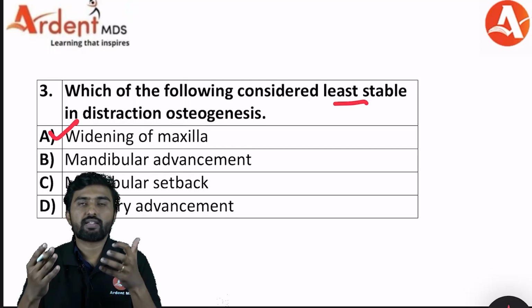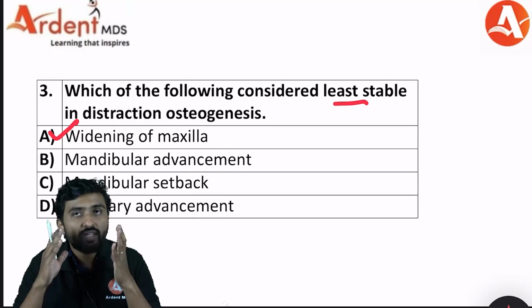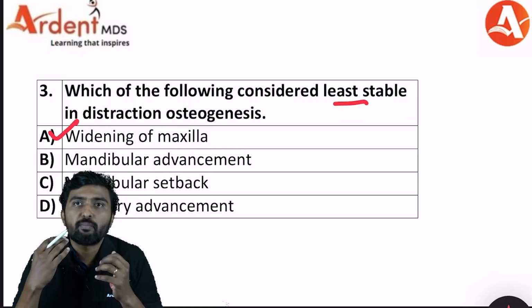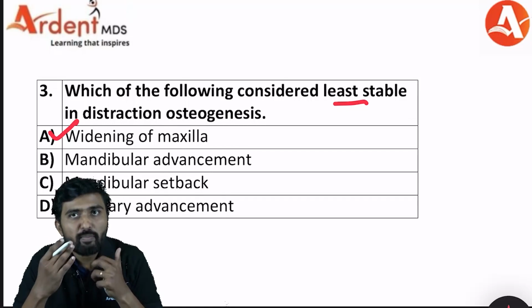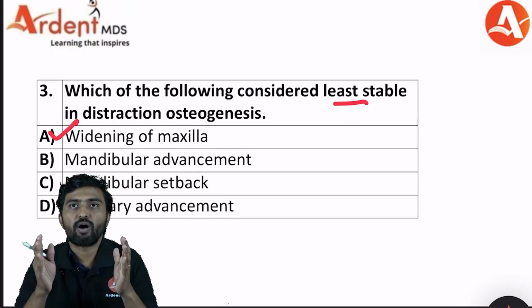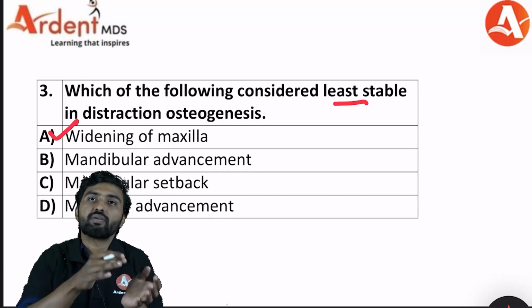What is the reason behind that answer? Because the maxilla has a lot of circummaxillary fibers, and a lot of mid-palatal fibers and sutures. So when we distract the maxilla apart, those fibers tend to recoil the maxilla to the previous position.